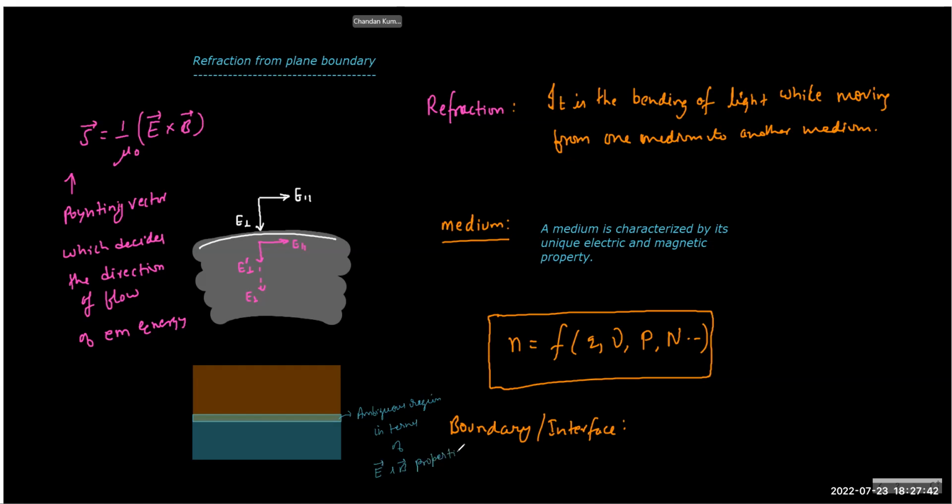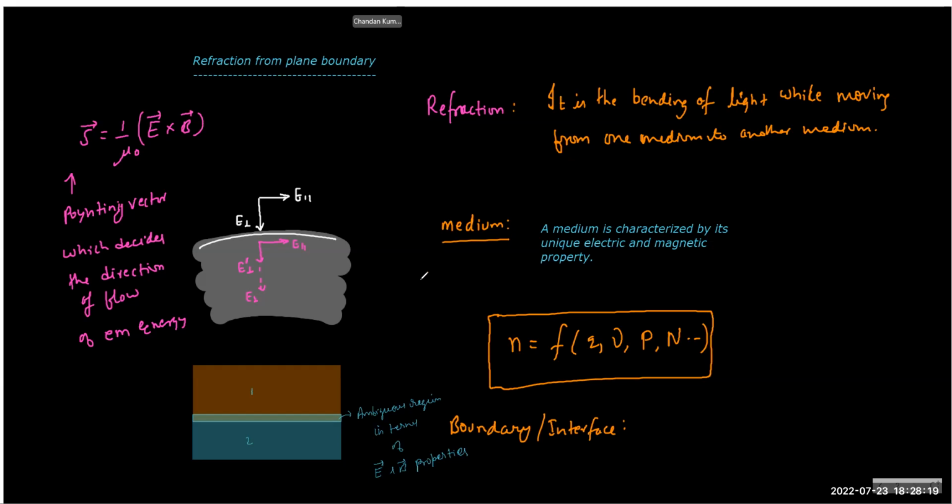So we say that the boundary is a region in which the electrical and magnetic property changes abruptly. You go from one side to this side, and the properties are well defined on the two sides, but not during the transition period. So we say boundary is also a region. It is a volume actually, up to a few atomic layers, in which the properties are changing abruptly. So that's the definition of boundary.